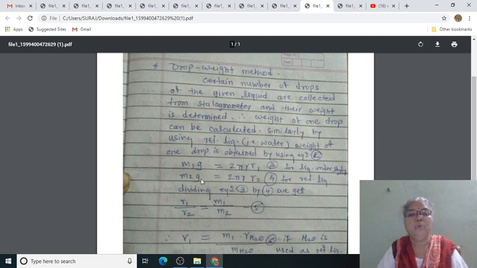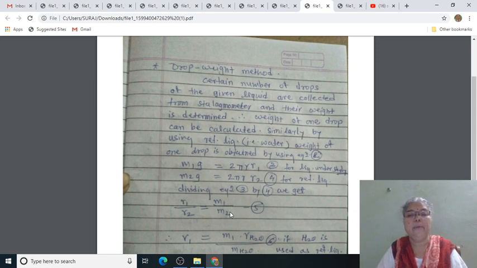Therefore, m2 into g is equal to 2 pi r into gamma 2. Dividing equation number 3 by 4, we get gamma 1 by gamma 2 equal to m1 by m2. That means the surface tension of the liquid under study divided by the surface tension of water is equal to the mass of the liquid under study divided by the mass of the water.